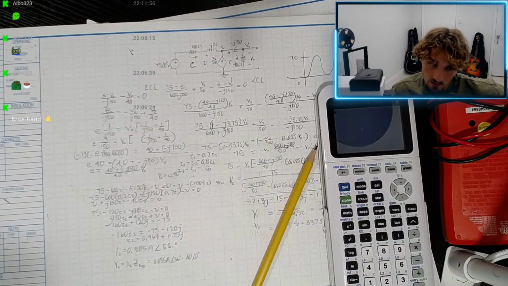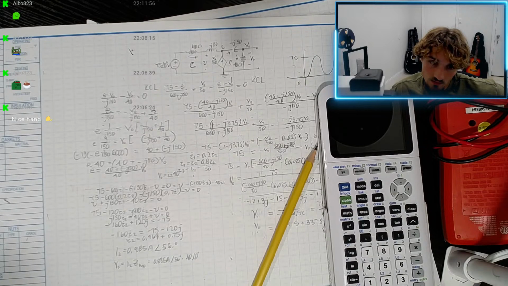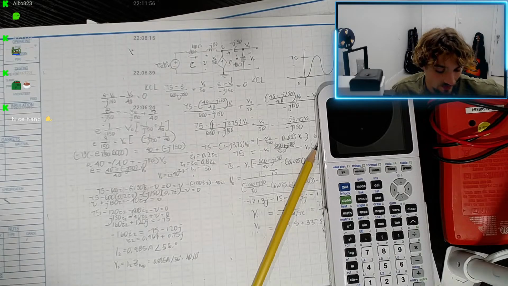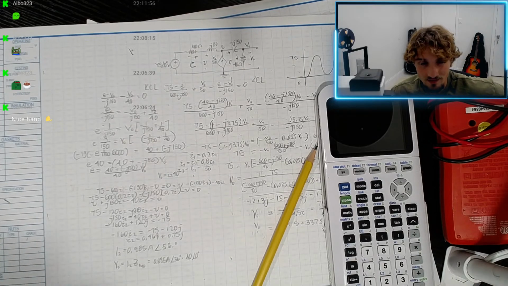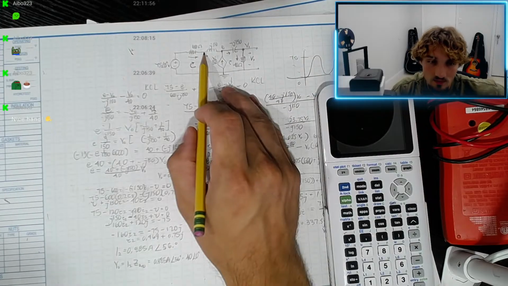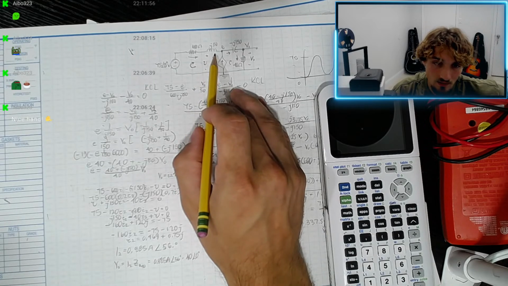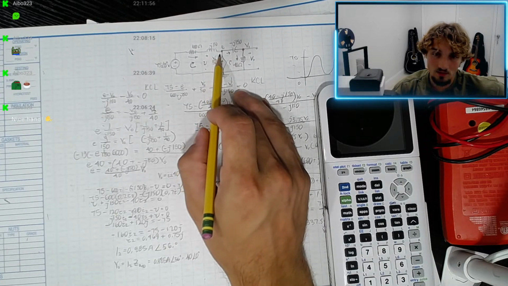So V out minus V1. Let V1 be the node voltage between the 600 plus j150 impedance, the dependent current source, and the capacitor.